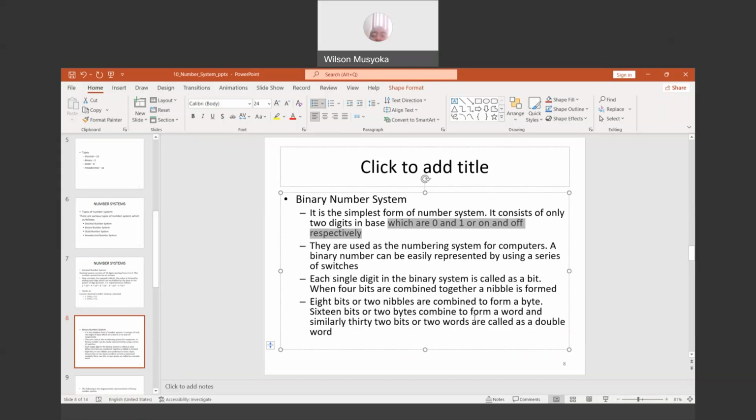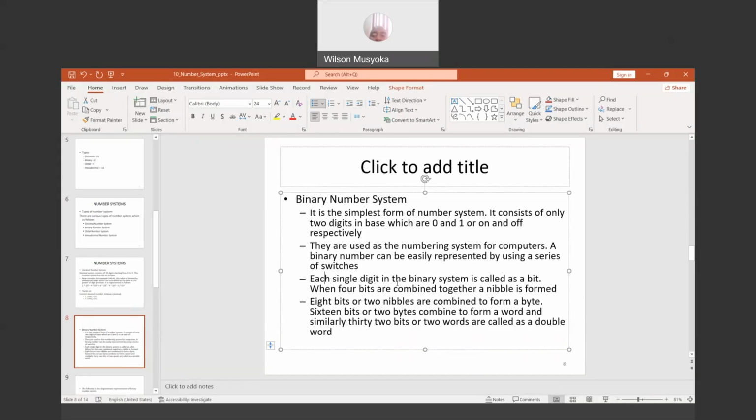So whenever there is a signal or there is current flowing, then we can say that is a 1. Whenever there is no current flowing through that switch, then that is a 0. And it is very easy to represent that numbering system here.